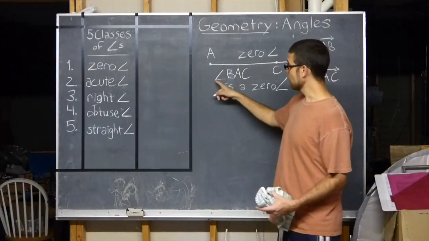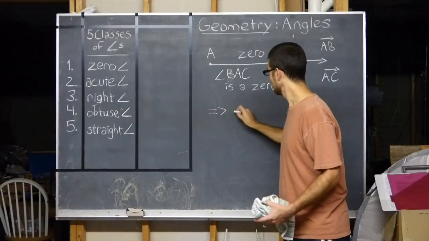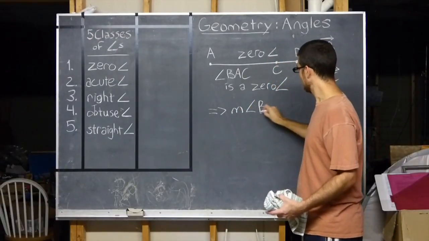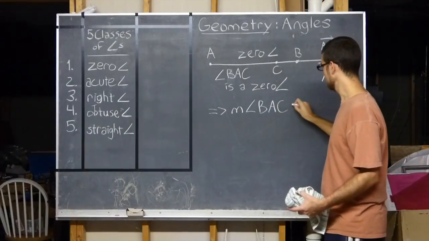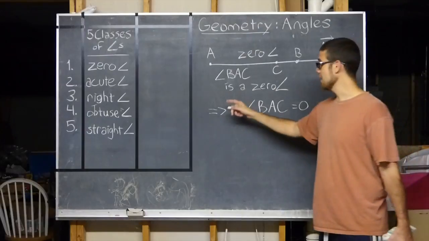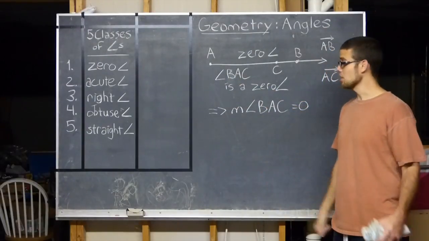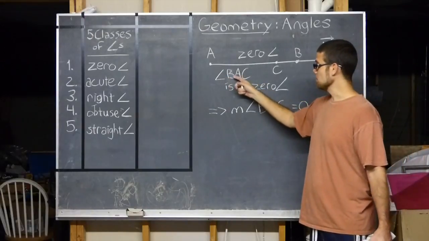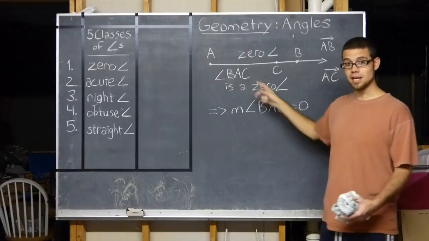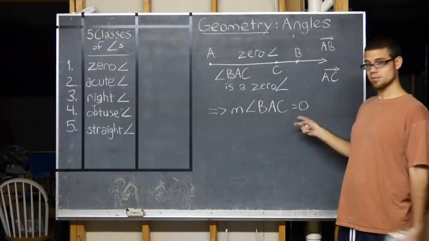So if angle BAC is a 0 angle, that implies that the measurement of angle BAC equals 0. Now I can't say that angle BAC equals 0 because 0 is a number and angle BAC is an object. It has a name, angle BAC, but it doesn't have a number. Its measurement has a number.